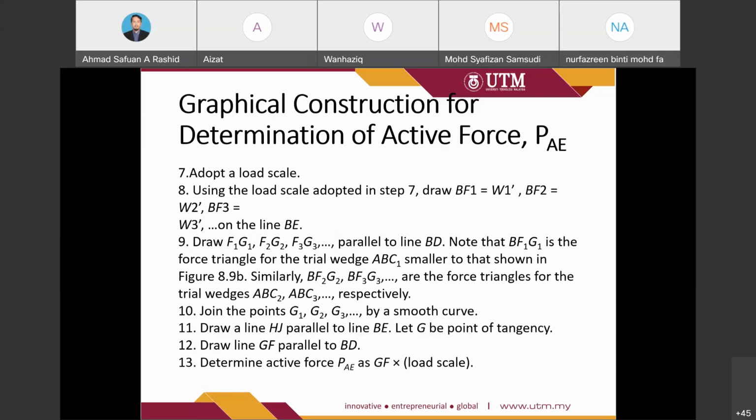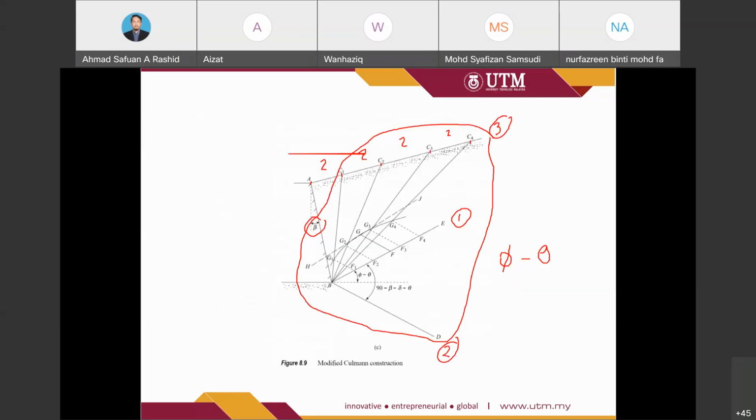Then using the load scale adopted in step 7, draw BF1, BF2 and BF3 on the line of BE. This is step number 8. Based on the scale, B to BF1 means the distance from 0.